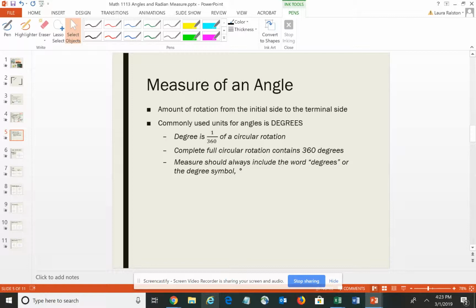So a degree is 1/360th of a circular rotation. And whenever you're indicating the angle measure in degrees, you either have to use the word degrees or you have to use the degree symbol. There is another measurement we use in trigonometry. It's called radians, and we'll talk more about that in a separate video.